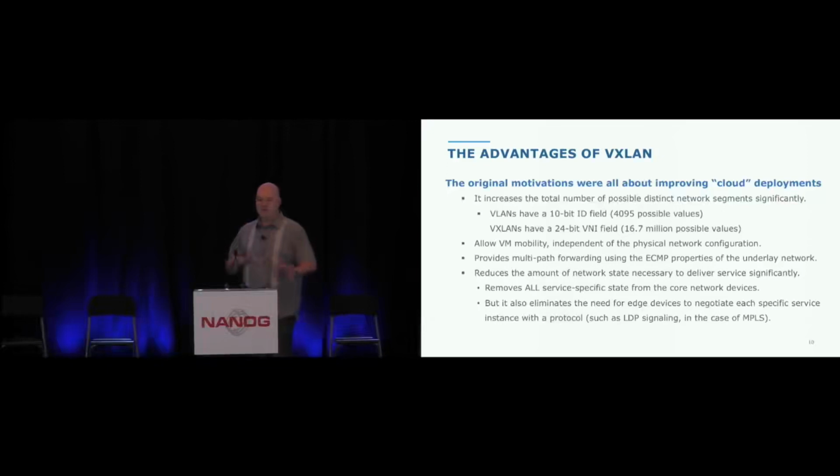You can move these VLANs around across this very large network. You get your multipath forwarding taken care of through the ECMP properties, the equal cost multipath properties of the underlying IP network. So it solves a lot of these complexities by using this very standard, very proven technology. And like I said, it really removes a lot of the state necessary.